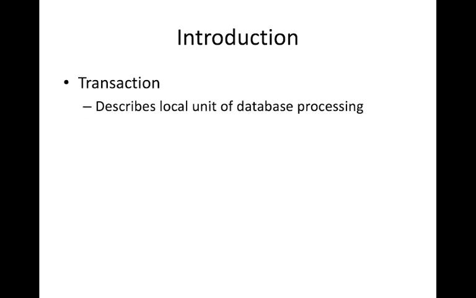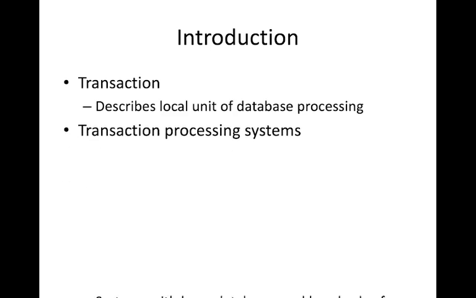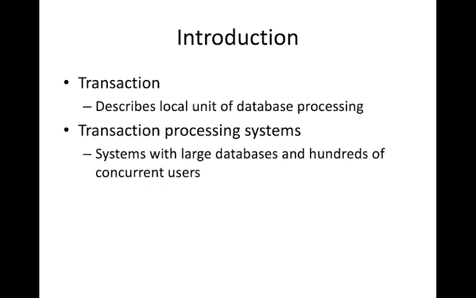So, transaction. If you take a system, all the systems have many transactions. We can consider everything as transaction processing systems. A transaction provides a mechanism for describing a logical unit of data processing. Transaction processing systems are systems with large databases, and there will be hundreds of concurrent users executing database transactions.